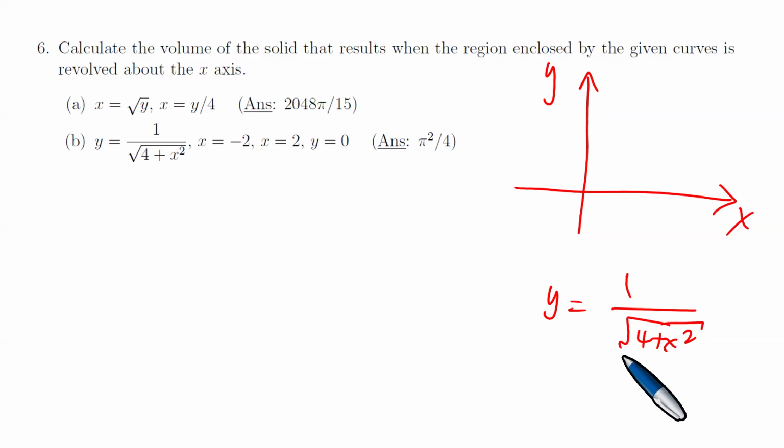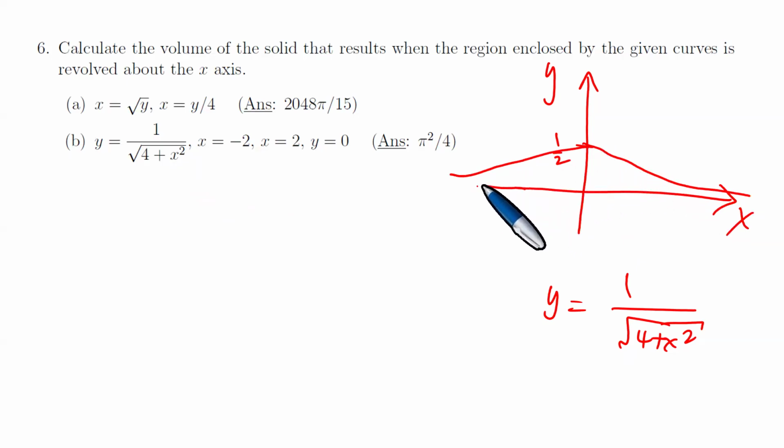So as a consequence, you would have exactly 1/2. And then this graph is going to be such that whenever x begins to increase, the graph is going to slow down like this, and also the graph is going to slow down like that. So this is the sort of graph you're going to have.